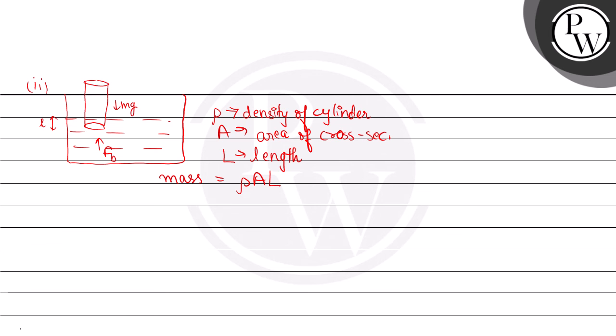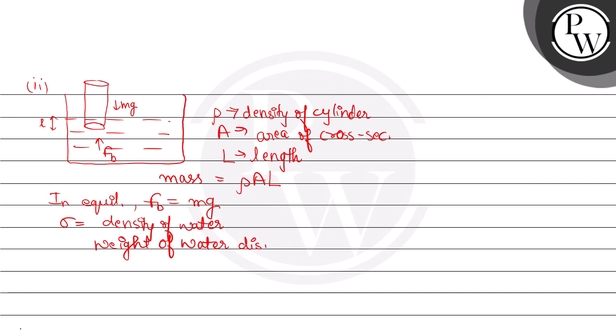Now in equilibrium, this buoyant force will be equal to the weight which is in downward direction. Before moving further, let sigma be the density of water. Then we can write weight of water displaced by the cylinder.